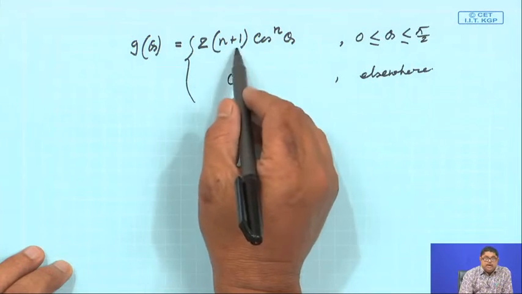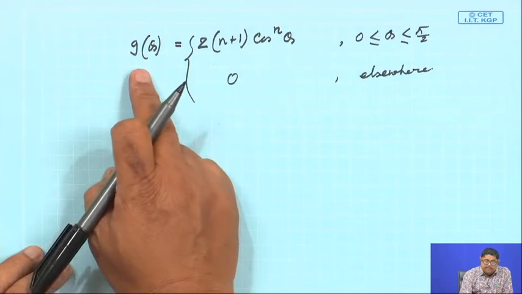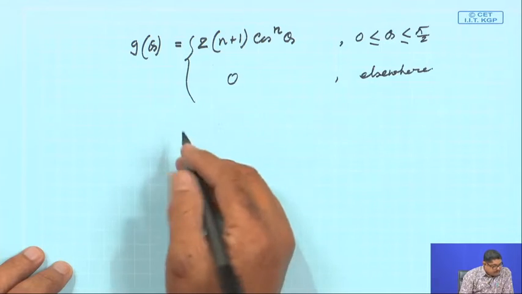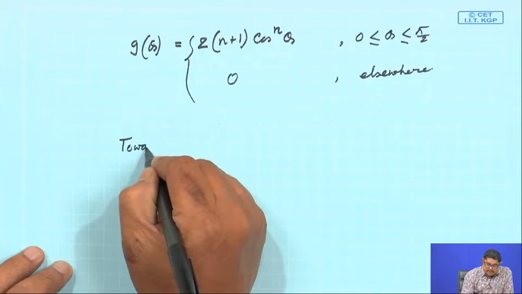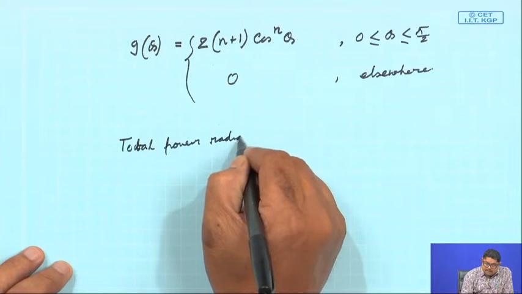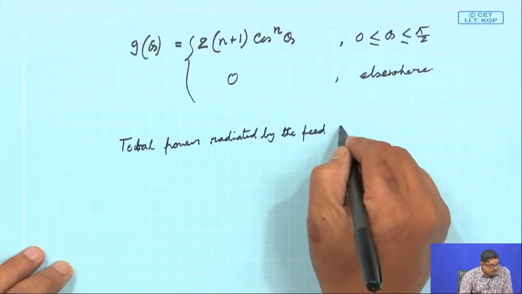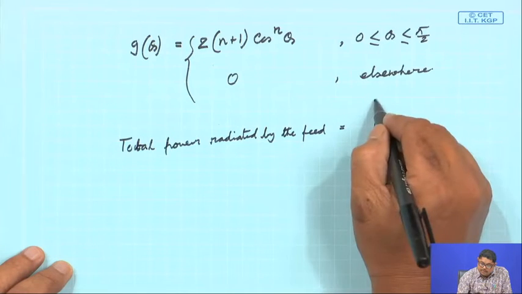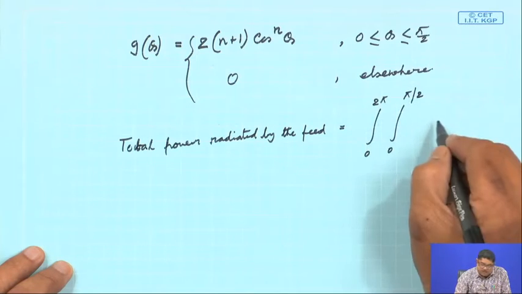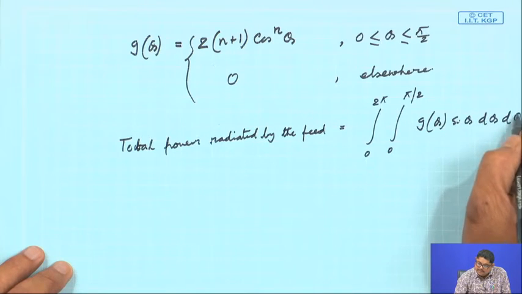Now, this factor 2 n plus 1 is chosen for a reason. If a feed has this power pattern, what is the total power radiated? Total power radiated by the feed will be the integral over phi from 0 to 2 pi, theta from 0 to pi by 2, of g theta sin theta d theta d phi.